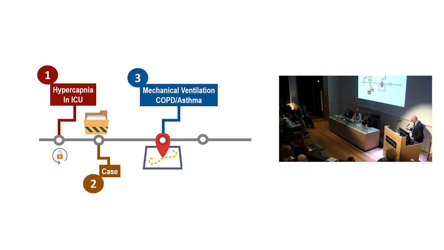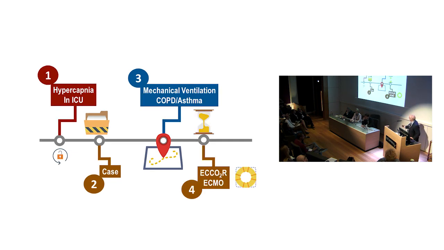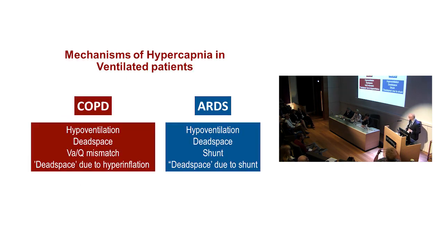We'll see why they are so different and why we should consider them very different. And also, eventually, the life-saving option when hypercapnia becomes a little bit too much and we have failed all the previous steps, then we end up with that. But this is not as easy as it seems, and I'm going to talk a little bit about the pitfalls of extracorporeal CO2 removal, or ECMO, in hypercapnia.